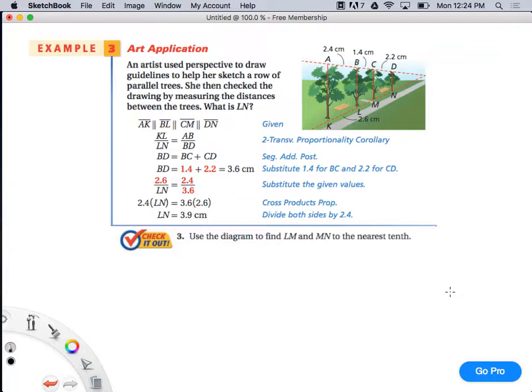That's the question. Let's try to figure it out. Did you get it? Okay. It's basically the same thing you were doing before. You just have to figure out which are the sides. It's just a little more challenging because you have to figure out which are the sides.